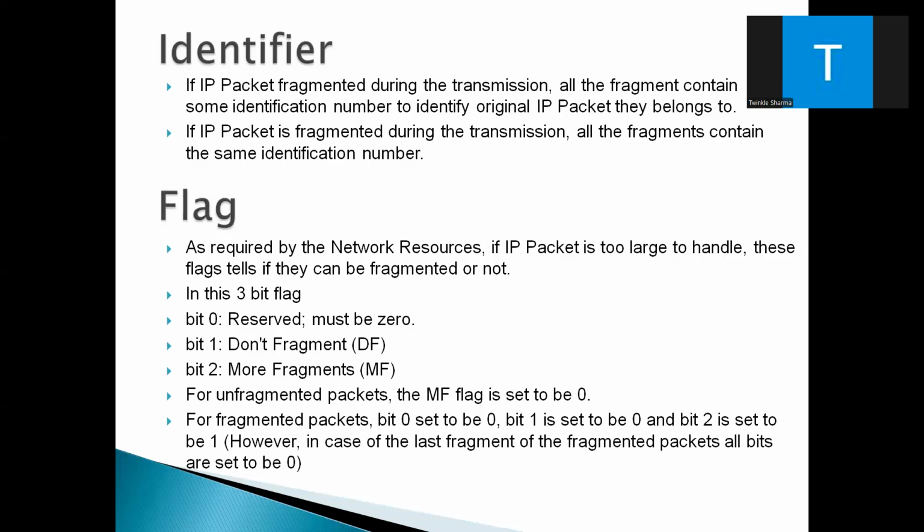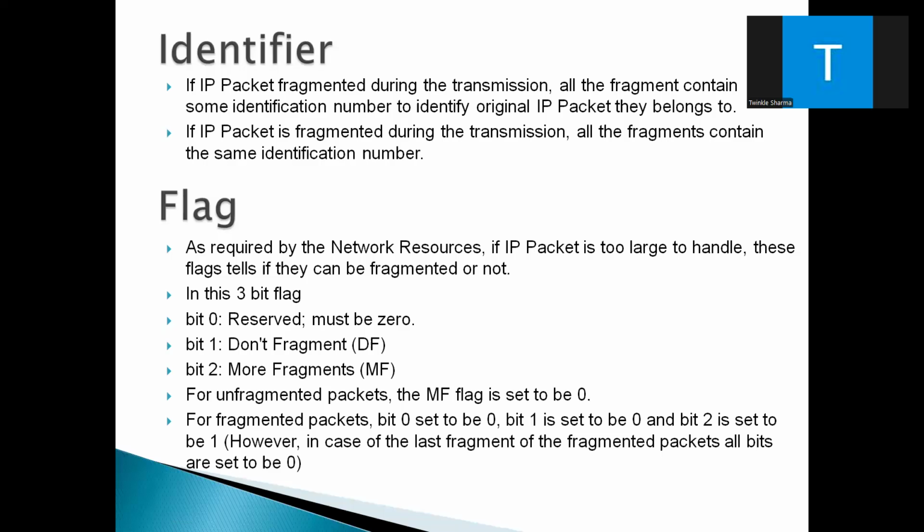Then we have the flags, which are important as they are required by the network resources. If an IP packet is too large to handle, these flags tell if it can be fragmented or not. In this 3-bit flag, the MSB is always set to 0. Bit 0 is reserved and must be 0. Bit 1 is don't fragment. Bit 2 is more fragments.